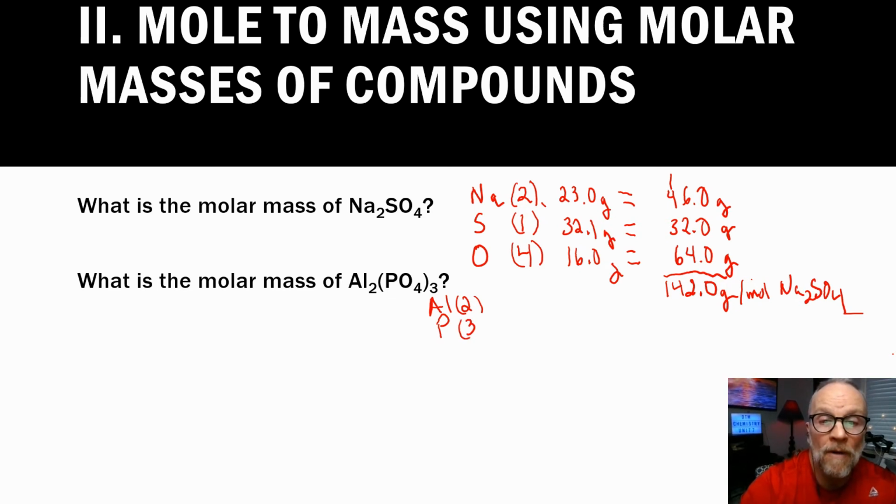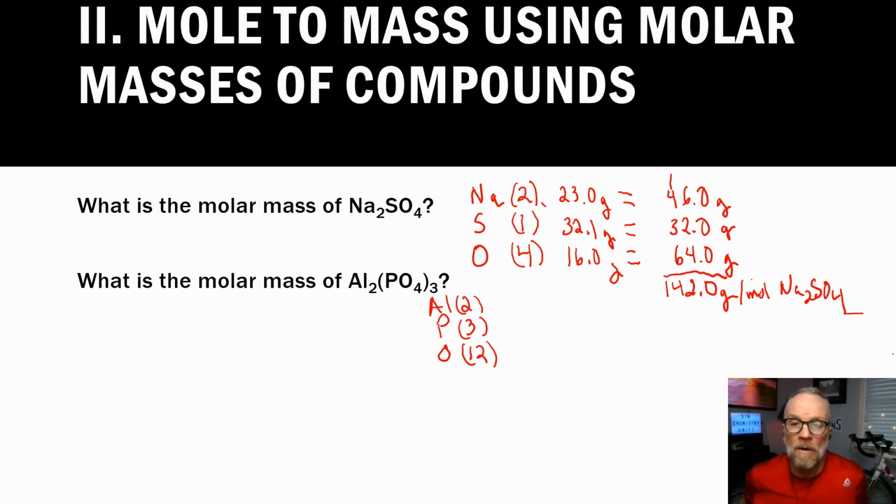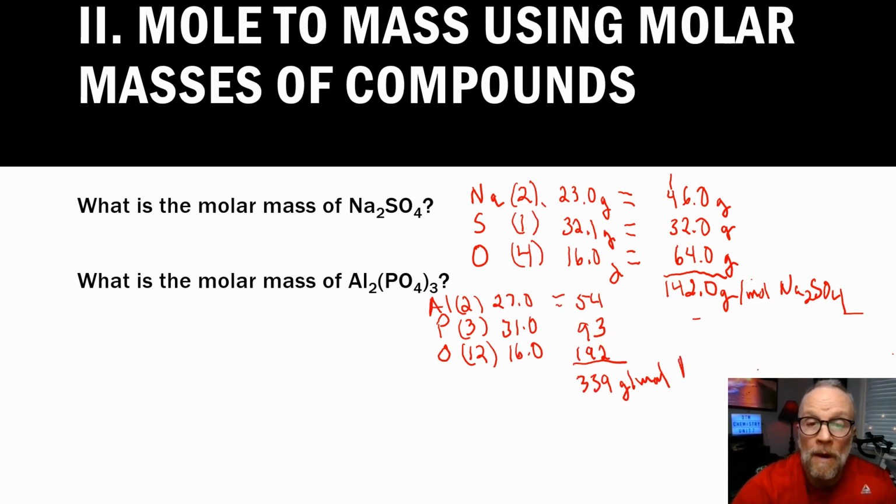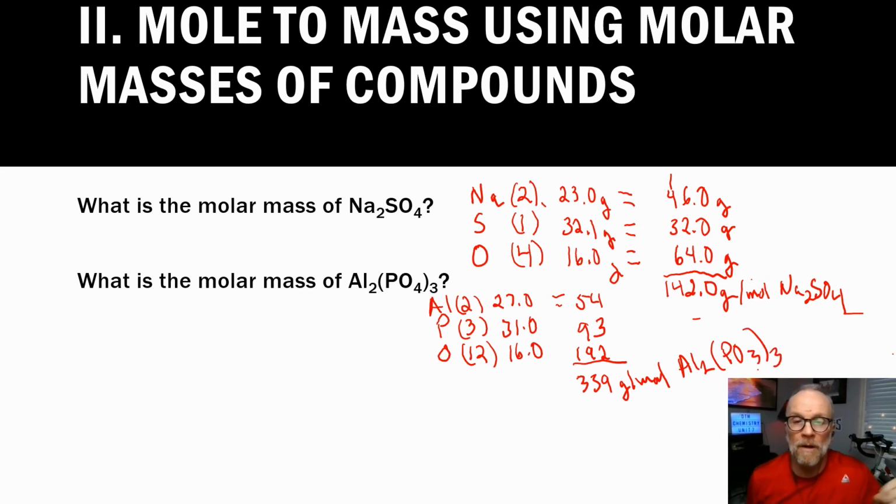Whatever's on the outside of the parentheses, you multiply by what's in. And oxygen would be 3 times 4 is 12. There. So we have our mole amounts. Now we need to look up the molar masses on the periodic table. Al2(PO4)3. There we go. Fun, right?